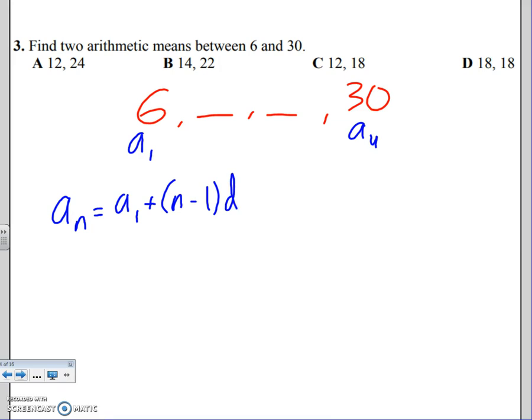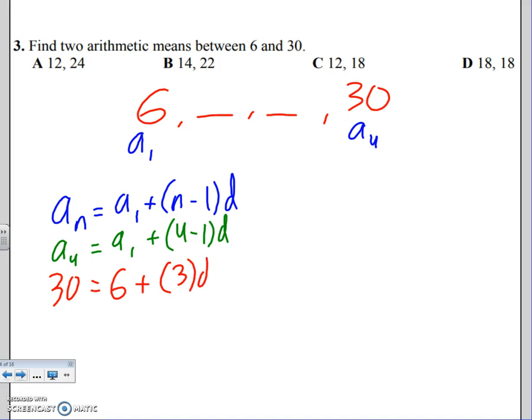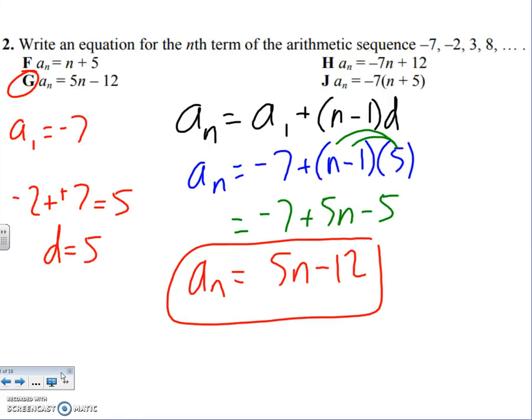We have to find our d, so we're going to do a sub 4 first. A sub 4 is really a sub 1 plus 4 minus 1 times d. We know a sub 4 is 30, we know a sub 1 is 6, plus 3 times d. Subtract 6 from both sides: 24 equals 3d. Divide by 3, you get d equals 8.